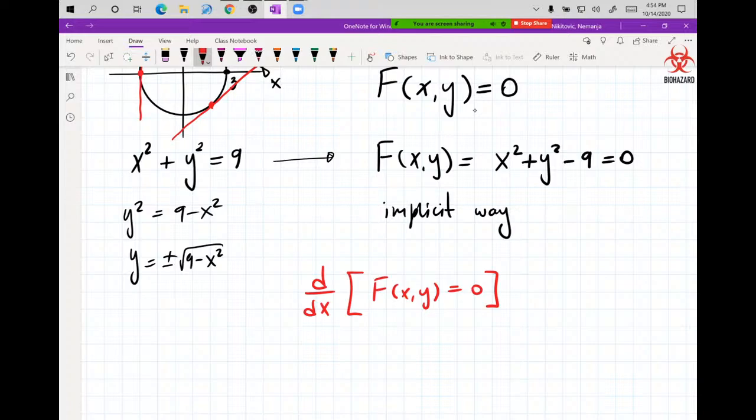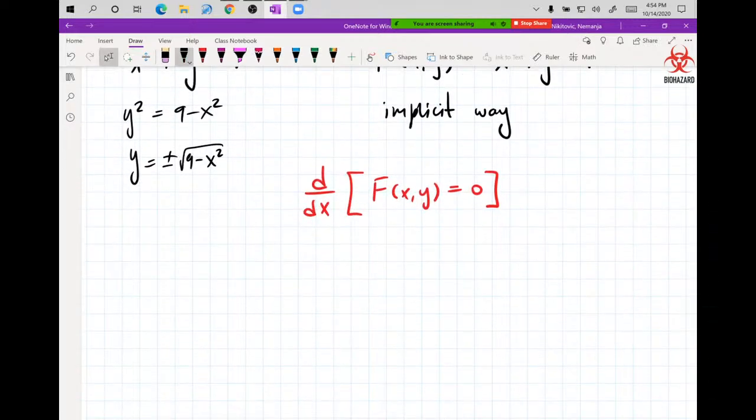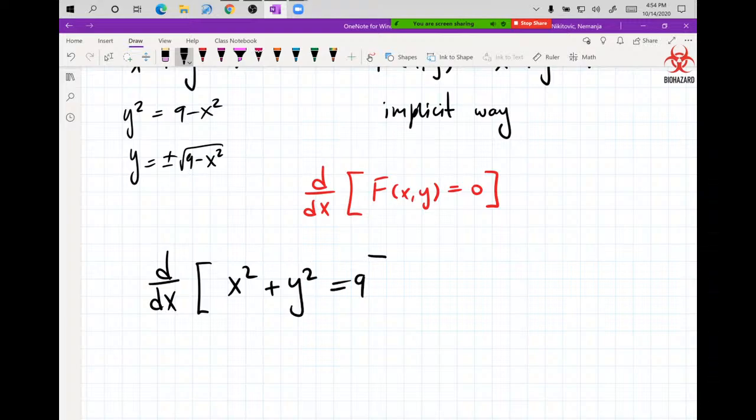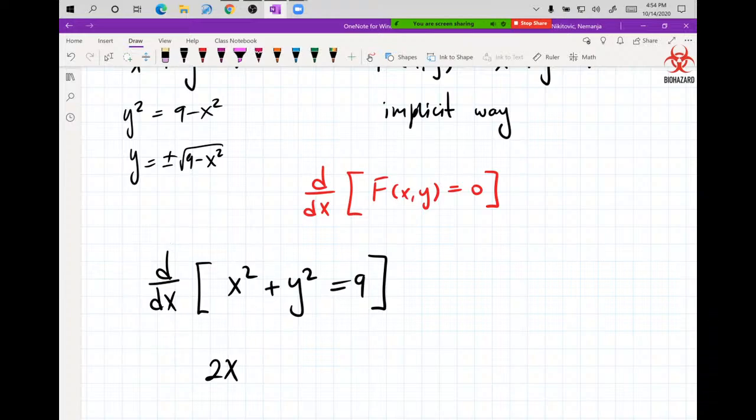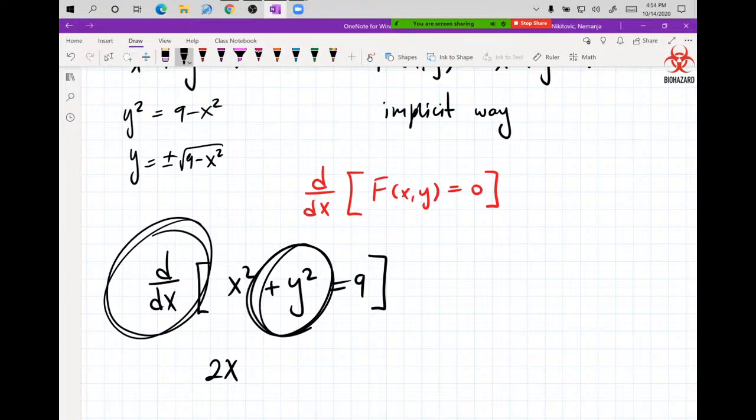What does that mean if we are to take the derivative of our circle equation? It's okay. You don't have to set it equal to 0. You can keep it equal to 9 and then just go term by term. Focus on the derivative of x squared. That's just 2x. There's nothing there, right? And then the derivative of y squared.